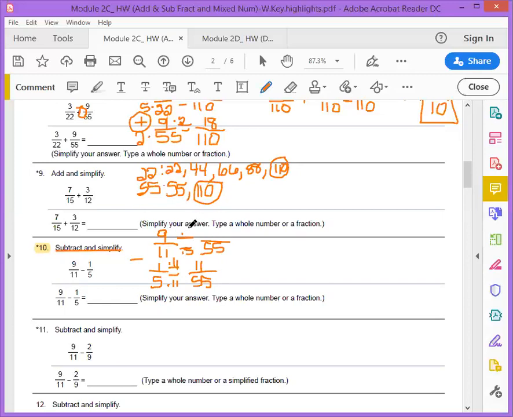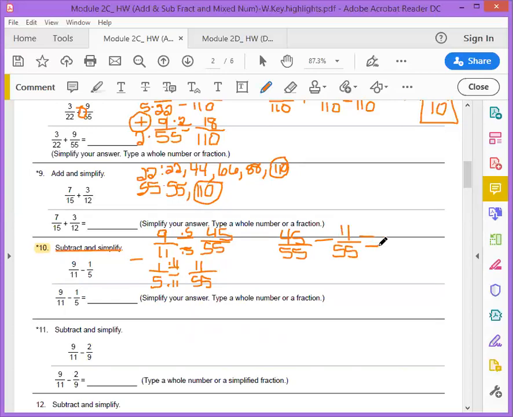Therefore, we have to multiply our numerator 9 times 5 to get 45. Now look what we wind up with. We have 45 over 55 for our top fraction. Now our bottom fraction, and we were subtracting, 11 divided by 55.